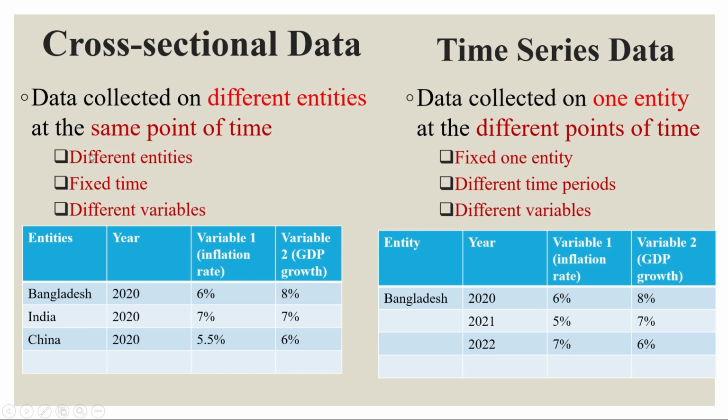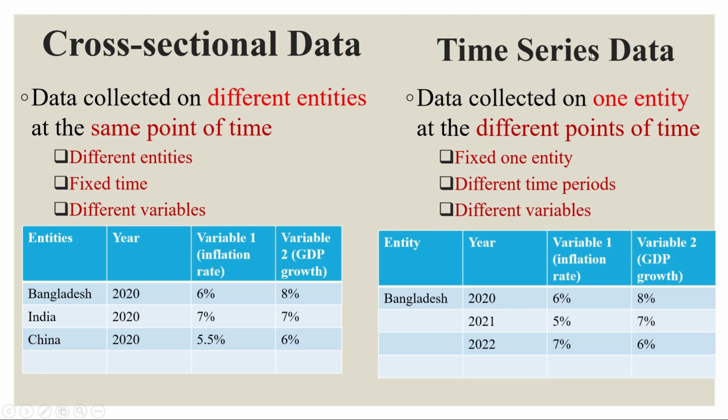That means there are different entities in the data set, but the time is fixed. Here the data has been collected on the year 2020. It can be data on definite days or on definite months. So this is about cross-sectional data.